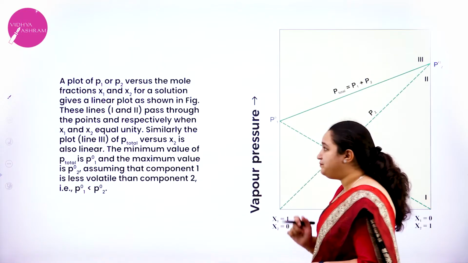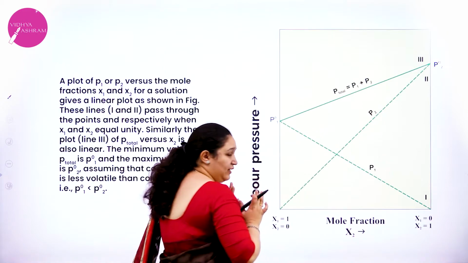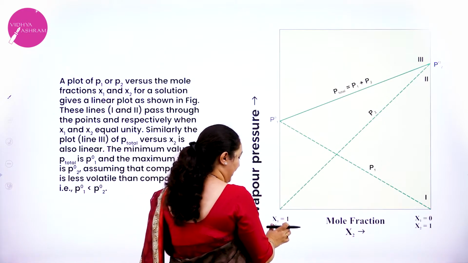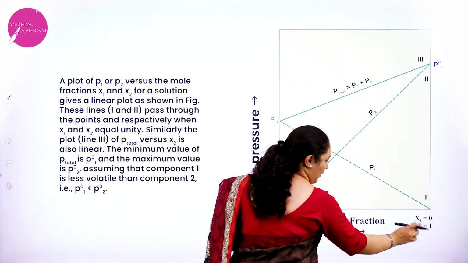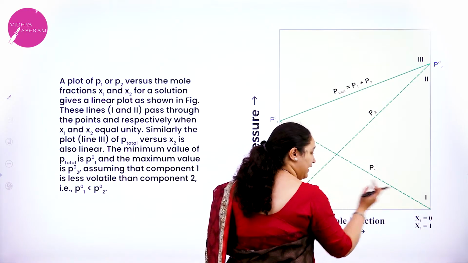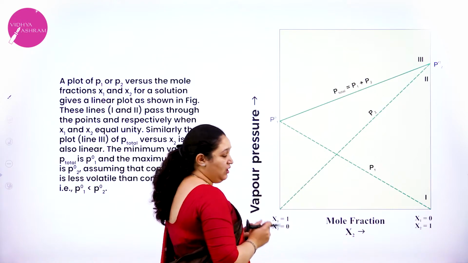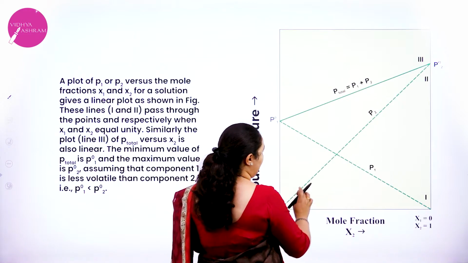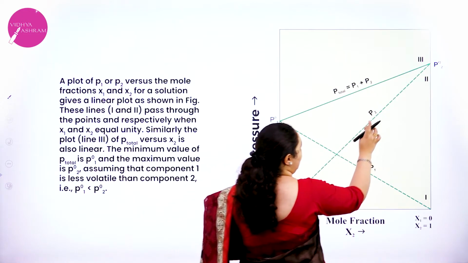Here you can see, the x-axis is the same. We have taken x2 from 0 to 1, and x1 from the other end, 0 to 1. So when I take x2 from 0 to 1, as x2 increases, P2 goes on increasing.